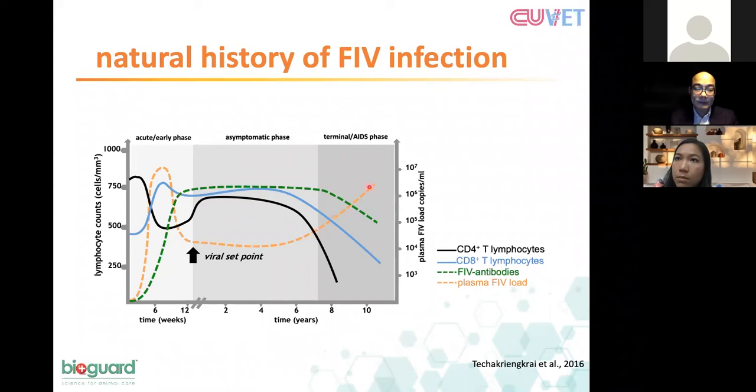At this point, because the CD4 T cell number is too low to prevent, let's say, opportunistic infection, you will see the cat come to you in the clinic with recurrent FHV, with FCV, with other respiratory infections associated with immune suppression. And at this point, we call it the terminal phase, or AIDS phase, of FIV infection.